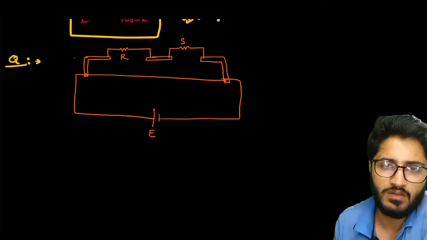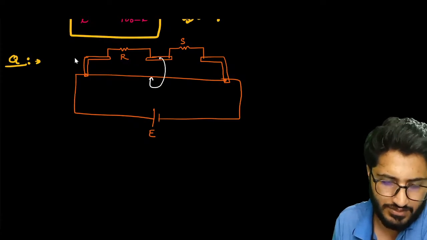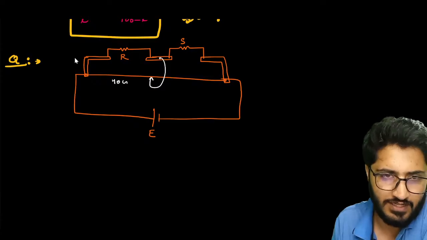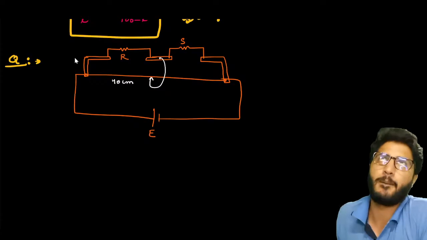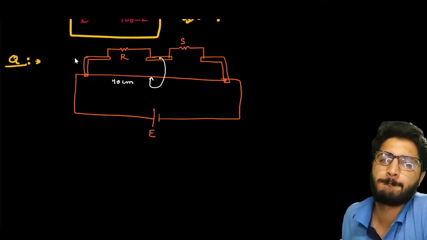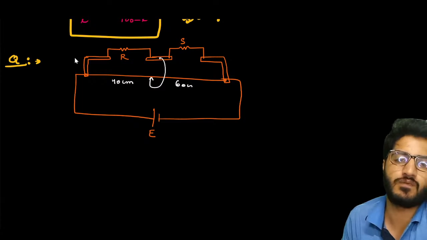Okay, then we have a jockey here. The jockey touches at 40 centimeter. So this length will be 60.